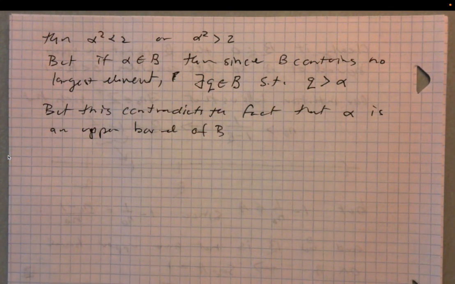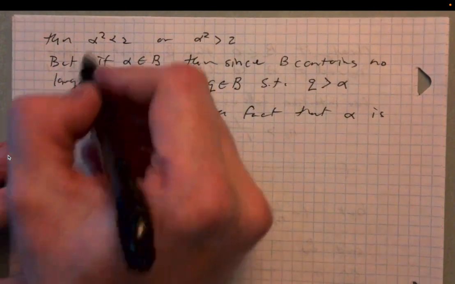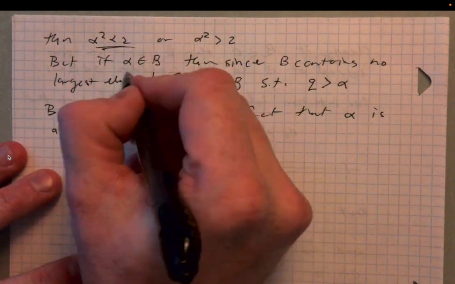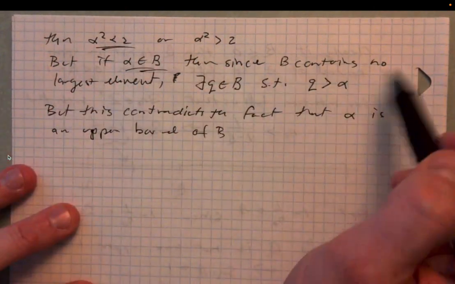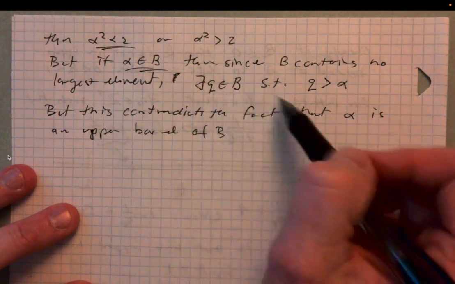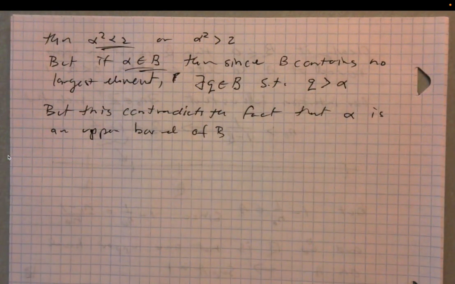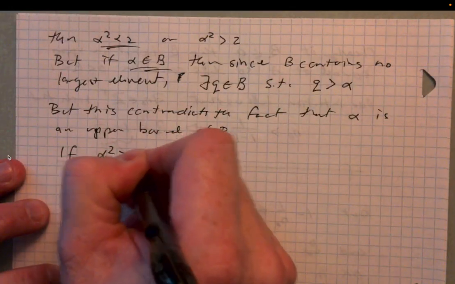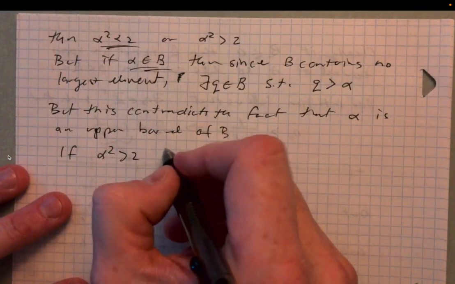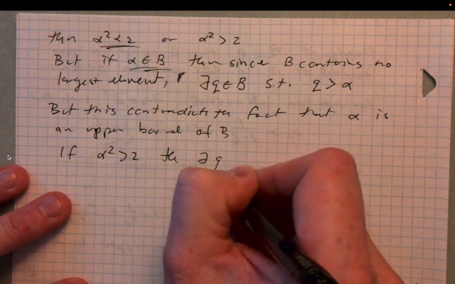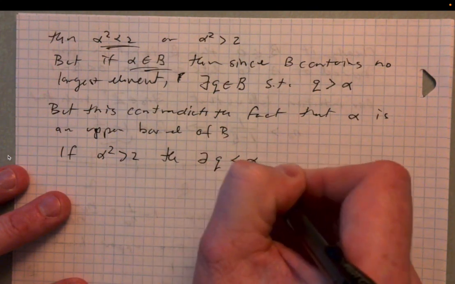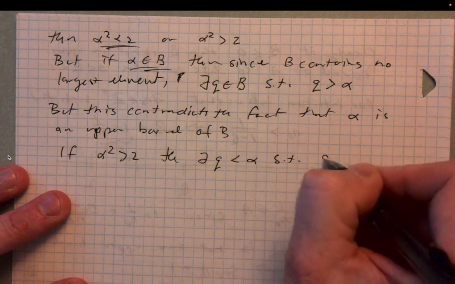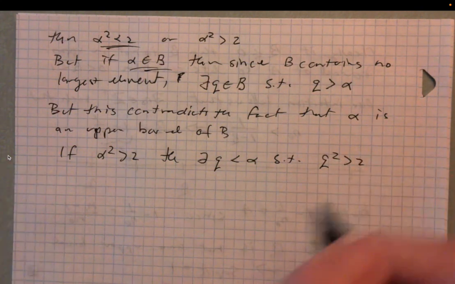So if alpha squared is less than or equal to 2, then alpha is in B, and B contains no largest element, so there exists a q in B such that q is greater than alpha. So that's a contradiction. Well, if alpha squared is greater than 2, then there exists a q less than alpha such that q squared is greater than 2.